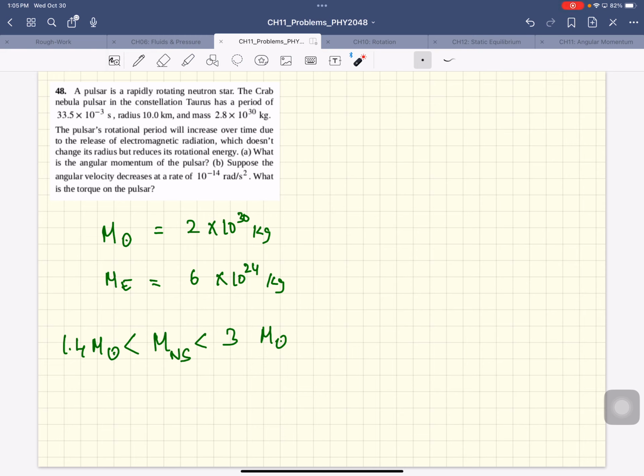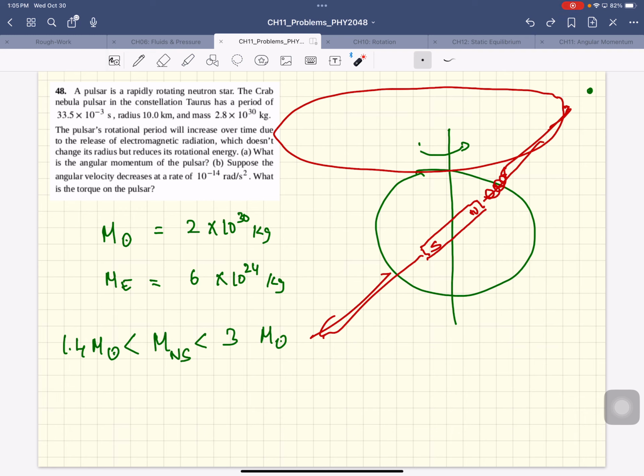A pulsar is a rapidly rotating neutron star. The Crab Nebula pulsar is in the constellation Taurus and has a period of 33.5 milliseconds. What that means is that it's spinning once in 33.5 milliseconds, and the beam that is hitting us hits us every 33.5 milliseconds.